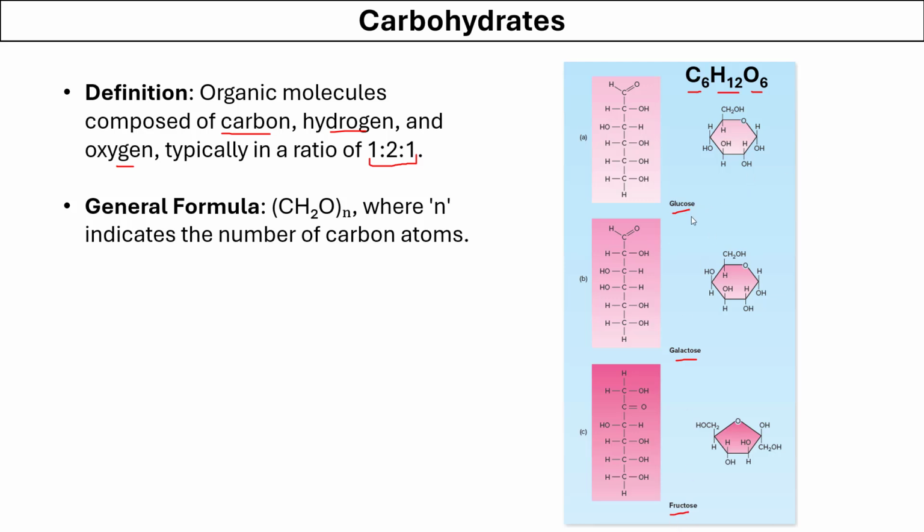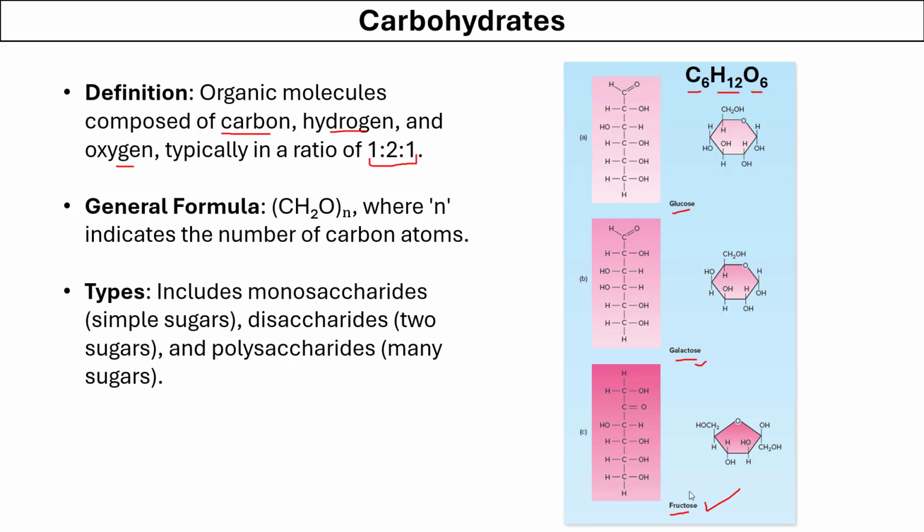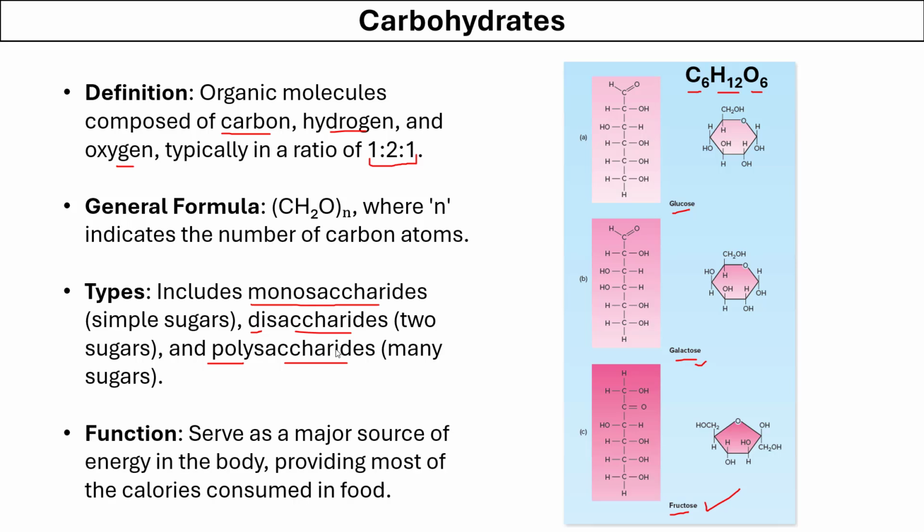So this is glucose, this is galactose, and this one is fructose. If you have only one molecule of sugar, it is called a monosaccharide, which is a simple sugar. If you have 2, then disaccharide. If you have many, then polysaccharides.